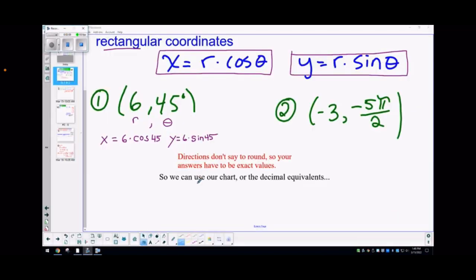And I just want you guys to write down the decimal equivalents because now that you're using the calculator, sometimes it's helpful to know, like, if I got 0.707 as a decimal, what would that be equivalent to? And if you get 0.5, obviously you know that that's 1/2. And then the other one that we have in our chart is the square root of 3 over 2.